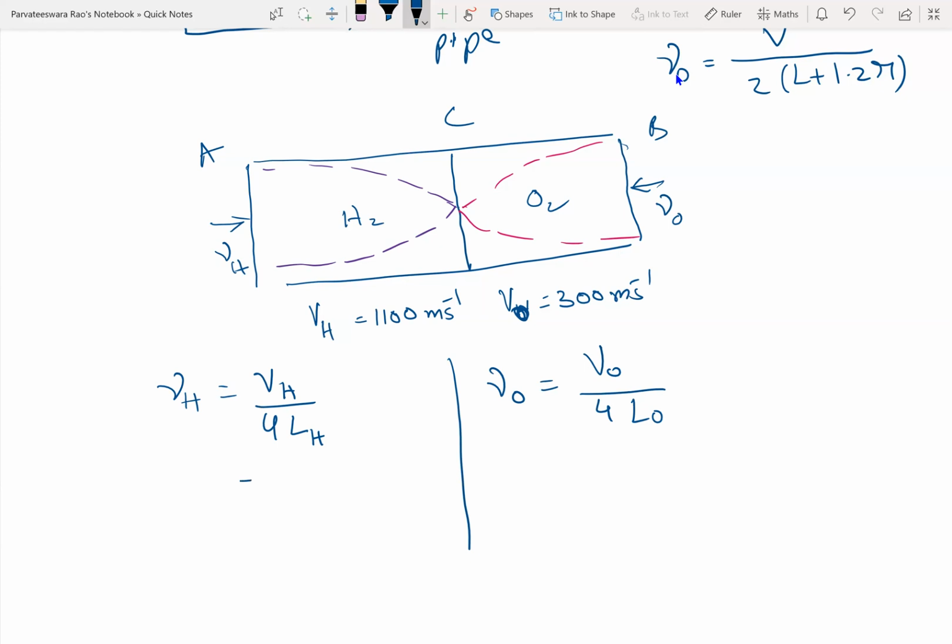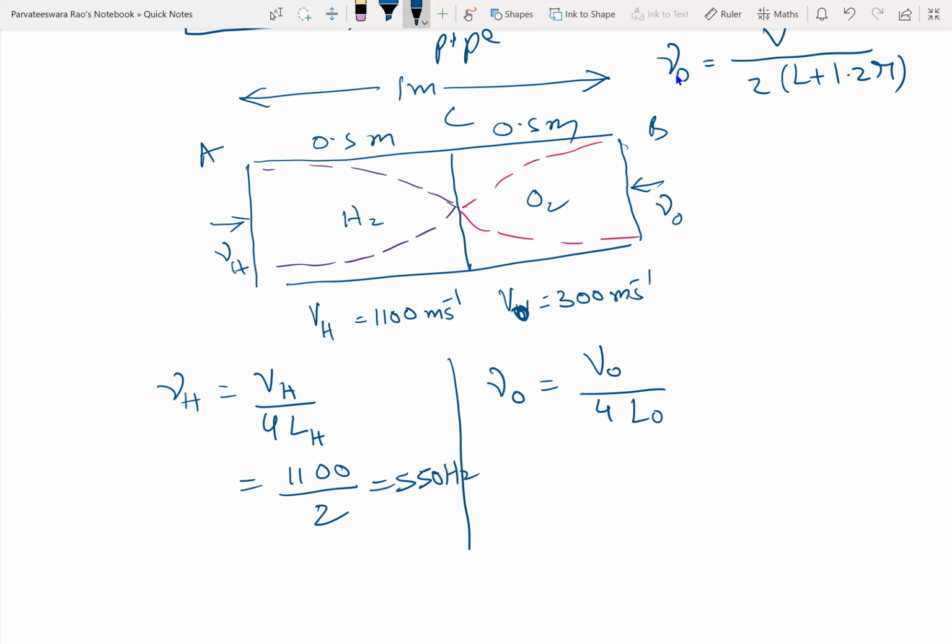So the corresponding values are 1100 by 4 into 0.5. Total length is 1, correct? So each is 0.5 meters. So 4 into 0.5 is 2. So it will be 550 Hz.